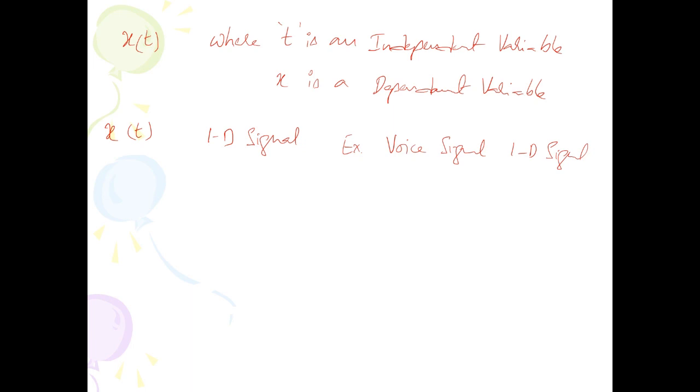And another type of a signal is a 2D signal, two dimensional signal. The best example for two-dimensional signals are image.